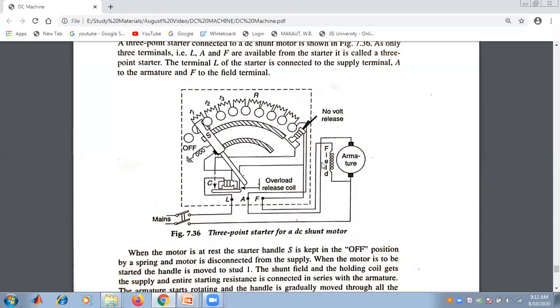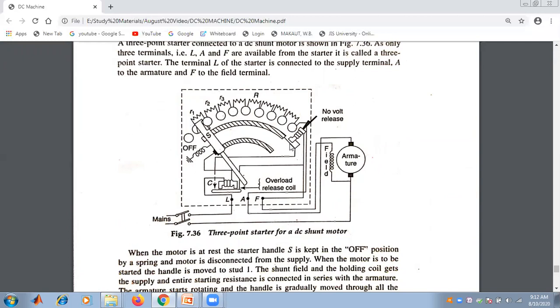Look at that armature resistance, this one. This is the armature resistance, and the entire series resistance is now gradually connected to the armature resistance. As the armature starts rotating, the handle is gradually moved through all the studs until it touches the holding magnet.